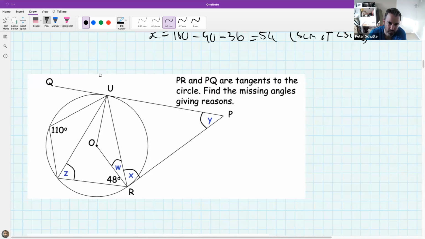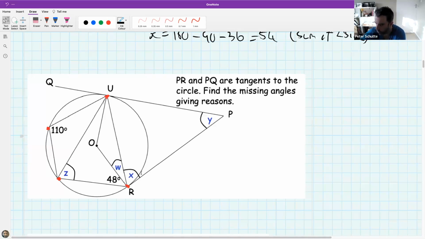Where can we start with this one? This is quite a tricky one, hey? I'll give you one little hint. If you look at this, even though it's a bit hidden, this is a cyclic quad.